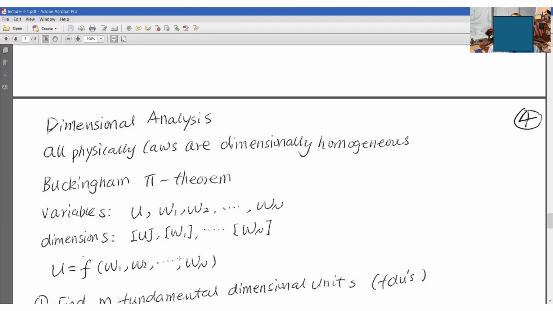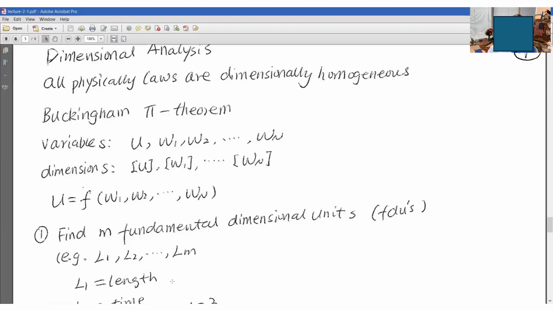I'm going to elaborate on what this pi theorem is, and how it solves the problem of getting the relationship between the dependent variable and multiple independent variables.